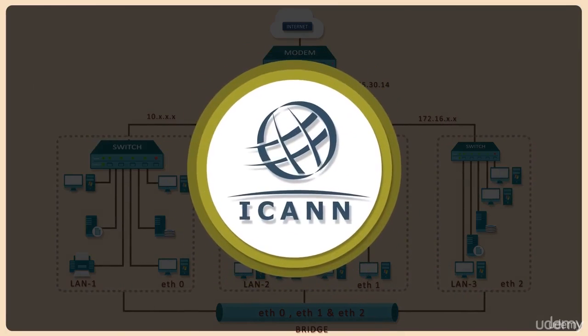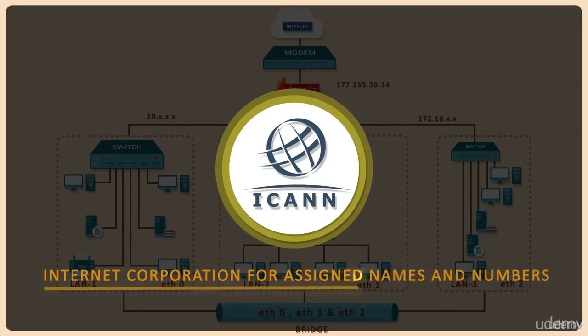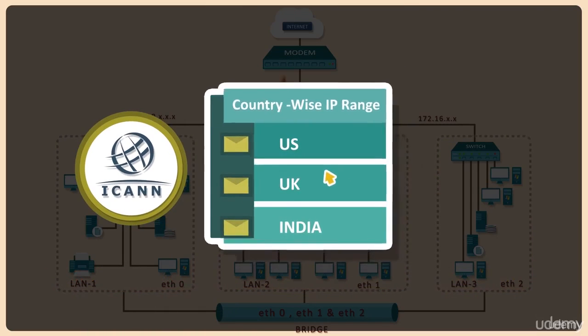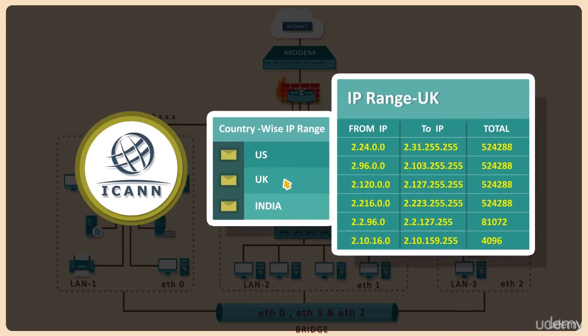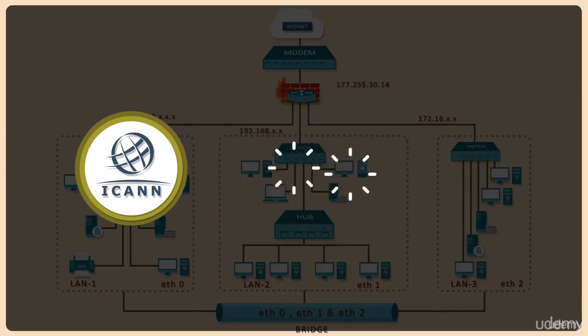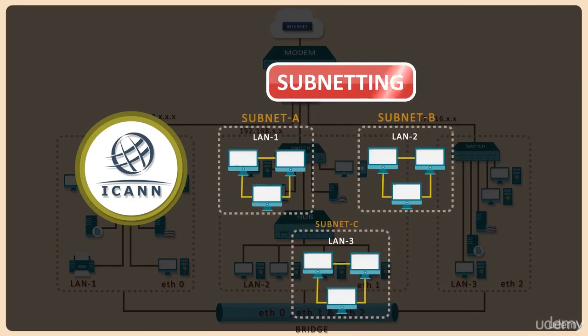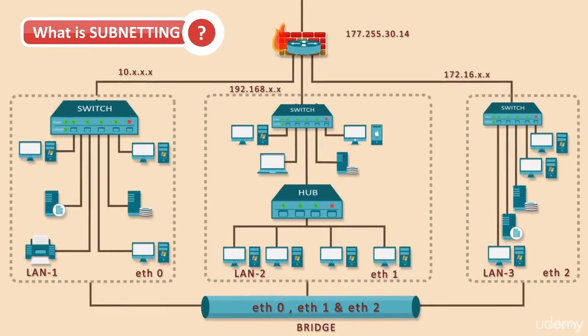To overcome this issue, the ICANN, or Internet Corporation for Assigned Names and Numbers, a non-profit organization, takes care of the coordination and maintenance of the databases of the unique identifiers, that is, IP addresses, and came up with the concept of subnetting. What is subnetting?